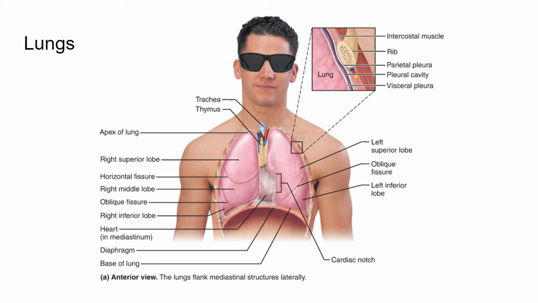And so here's the right and left lungs. The left lung is separated into two lobes here, as you can see, and there's also this little notch here for the heart to go into in the lung. And the right lung is separated into three lobes: superior, inferior, and middle lobes.